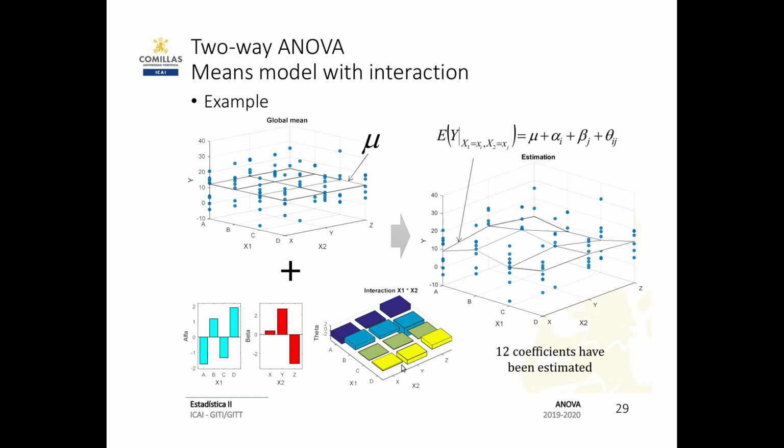Then if we have this configuration, we have 1 plus 3 plus 2 because we have to estimate the same mean, alphas and betas.